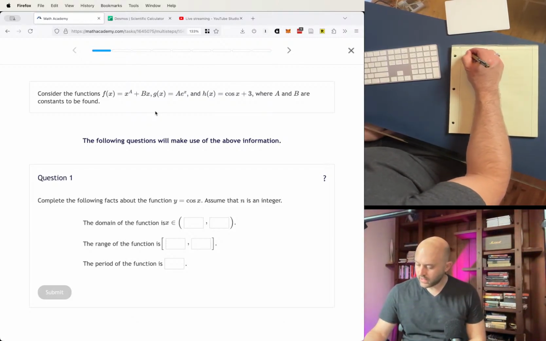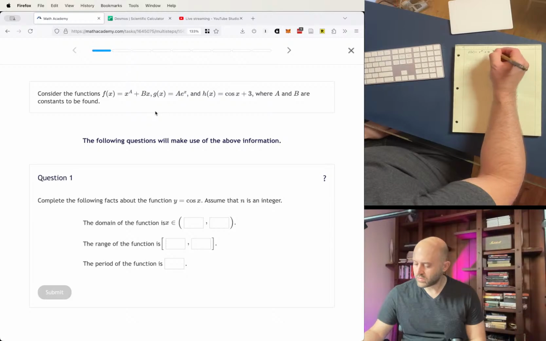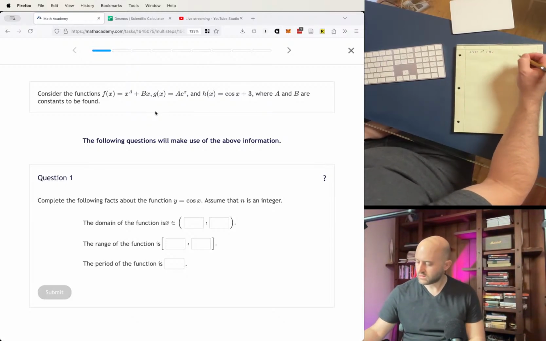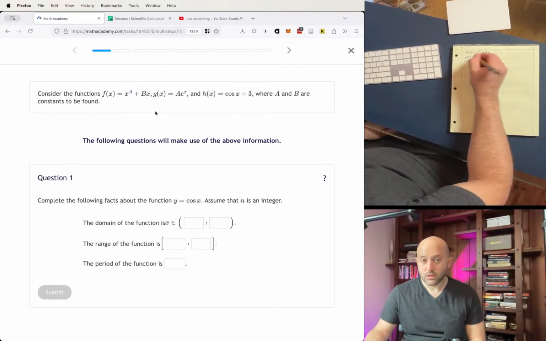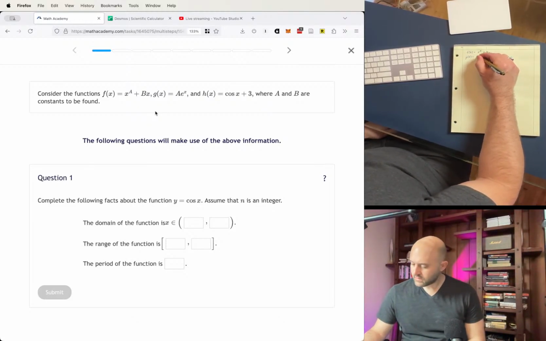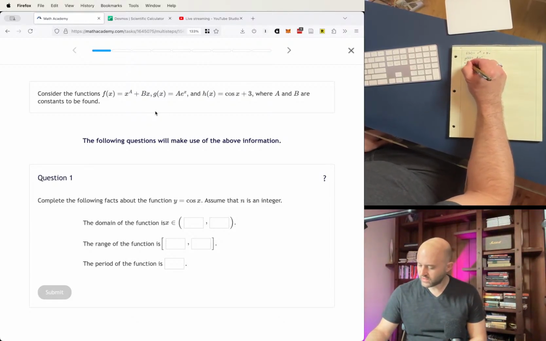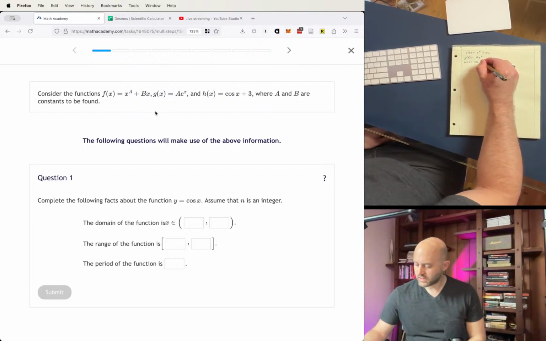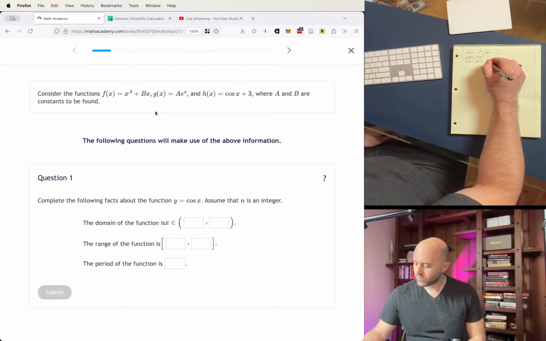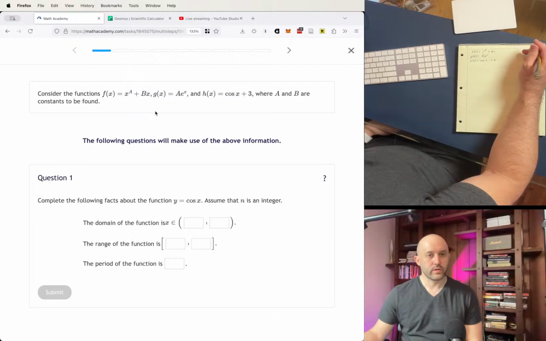Okay, f of x equals x to the a plus b x, g of x equals a e to the x, and h of x equals cosine of x plus 3. a and b to be determined. All right.